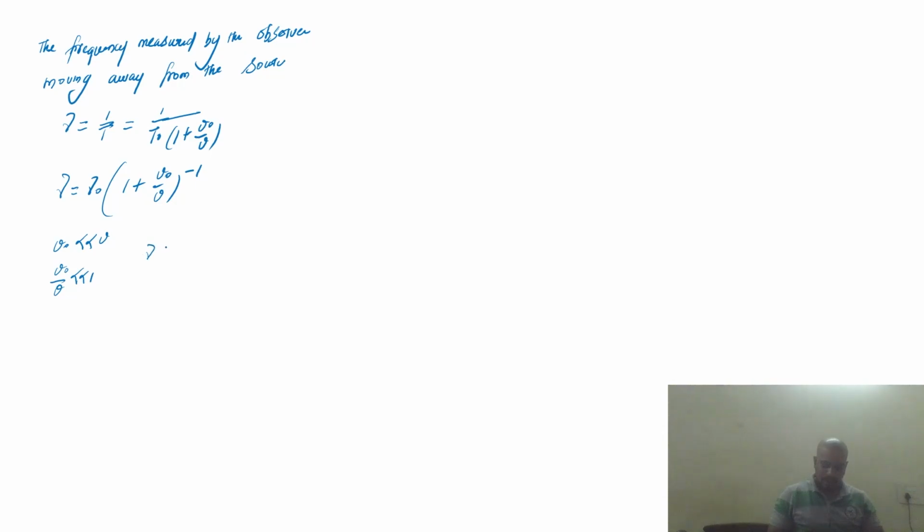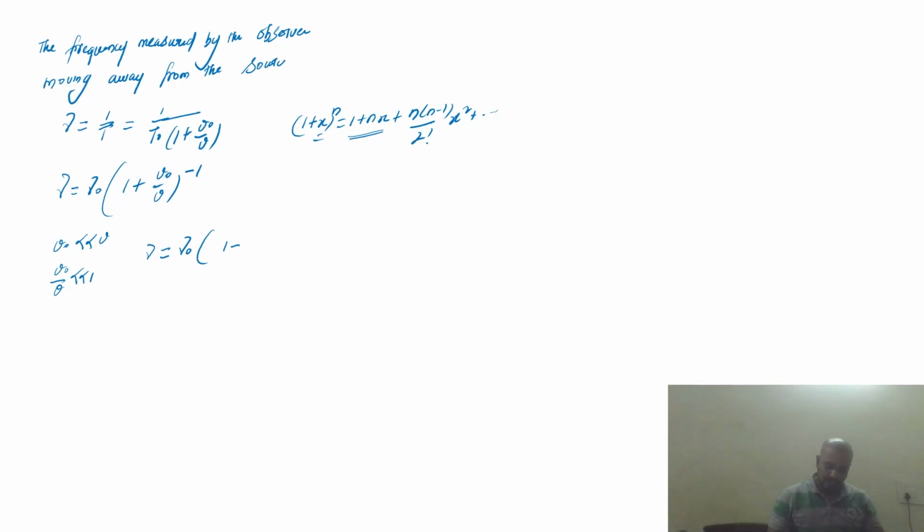We know the binomial expansion: 1 plus x, the whole power n, equals 1 plus nx plus n into n minus 1 divided by 2 factorial x square. It will go as a series like that. But if x is much less than 1, you can approximate this expansion up to two terms. That will hold, and the result will be good.